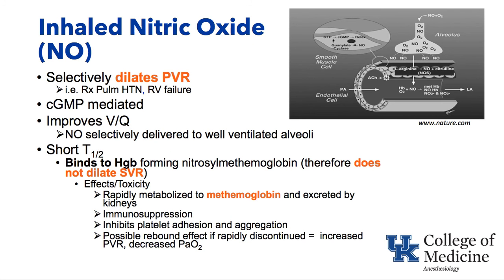Inhaled nitric oxide. Instead of intravenously generating nitric oxide via some of the drugs that we give and the receptor agonism, we can also inhale nitric oxide into the alveolus, where, as the graphic shows in the top right, inhaled nitric oxide, often in the 20 to 40 parts per million range, goes into the alveolus, and then the capillaries going by generate nitric oxide and cyclic GMP and vascular smooth muscle relaxation, and the pulmonary vessels that go past the alveolus dilate.